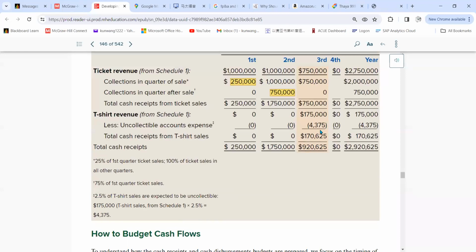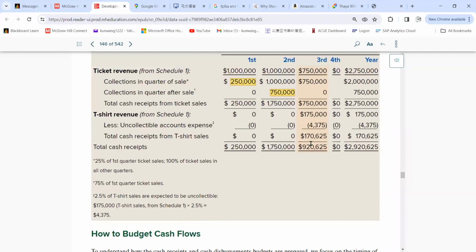But again, this is case by case. You need to estimate your uncollectible accounts receivable or bad debt. For me, I don't really think this is a one-time merchandise sale. It's not wholesale, or you consistently have the accounts receivable. But anyway, they put a deduction for uncollectibles from the t-shirt sales.